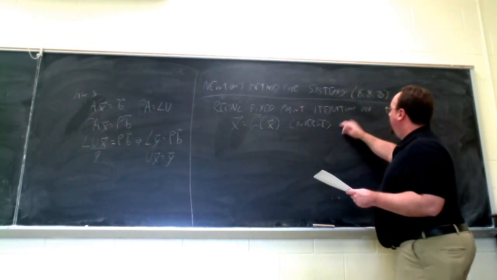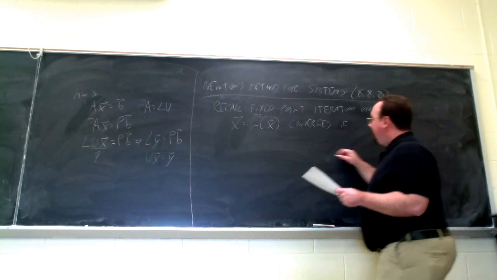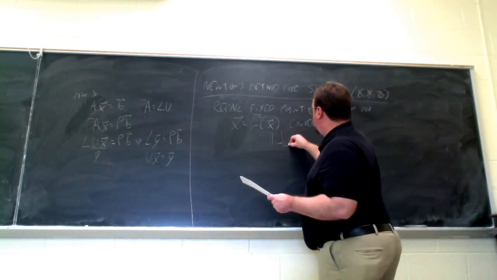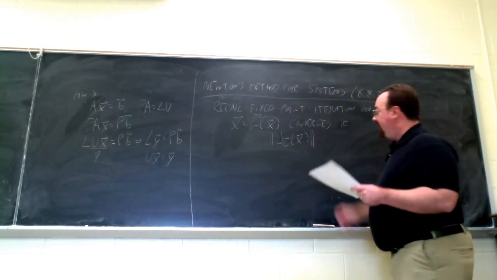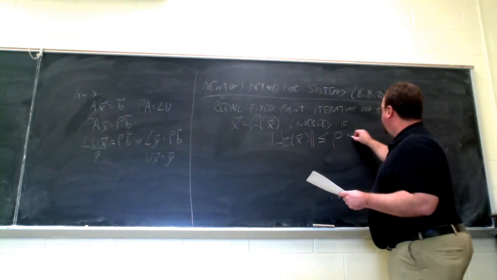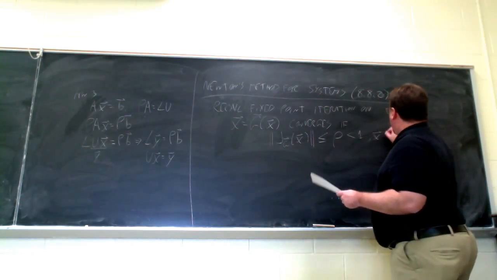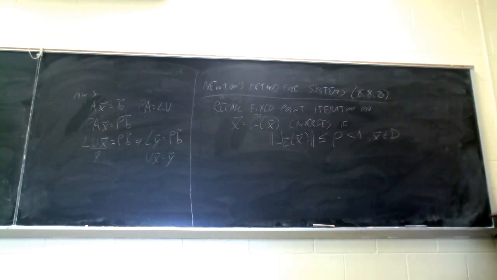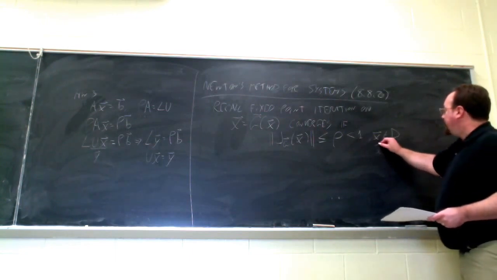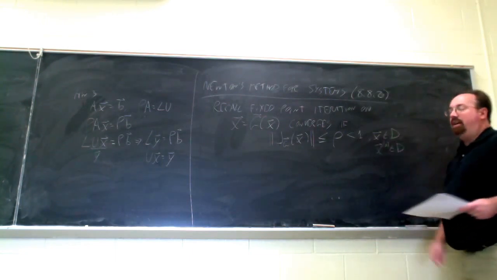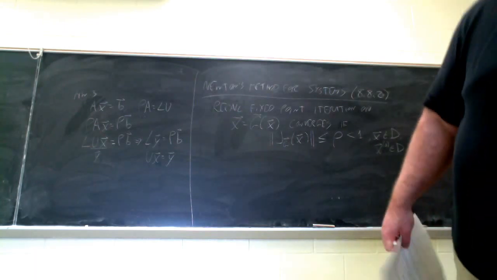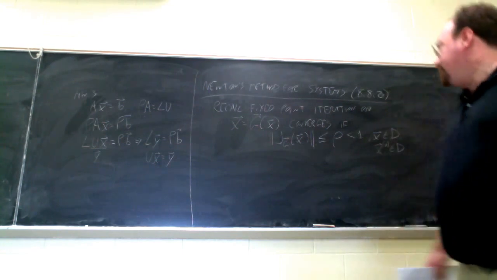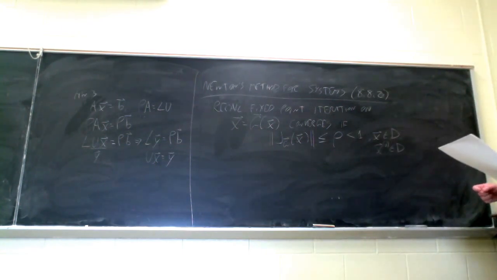converges if you have this criterion satisfied: for the Jacobian matrix of your function g, the norm of it is less than or equal to some constant rho that is less than 1. If you can show that this is satisfied on some domain D, and your initial guess is chosen from D, then under most circumstances fixed point iteration is guaranteed to converge.